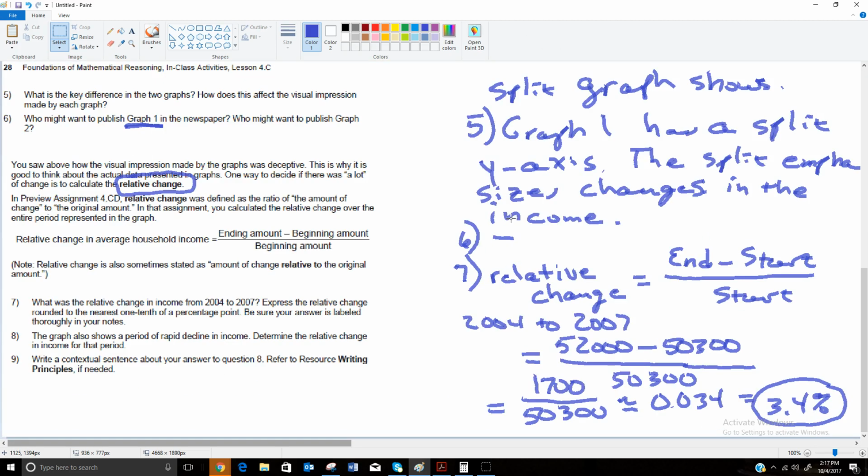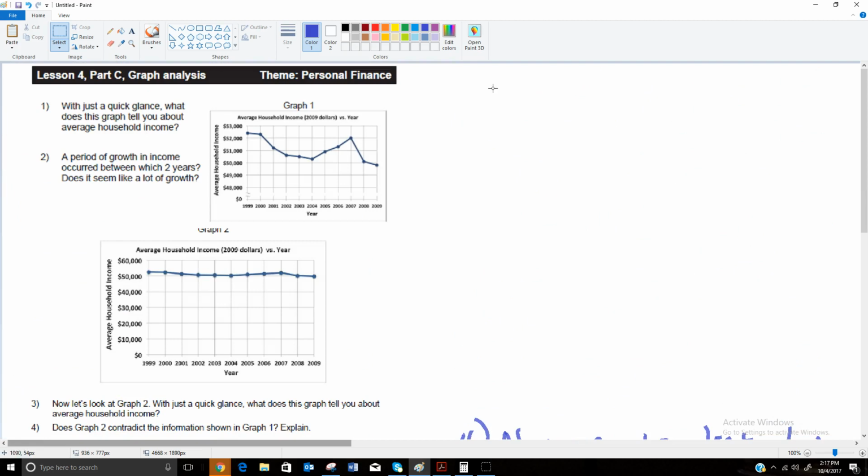So, is that number 8? So for number 8, we want to get the relative change. Again, we call that first number we got, that 1,700 amount, how much it actually changed, the actual change. So it wasn't the absolute change in value that we were looking for, the $1,700.